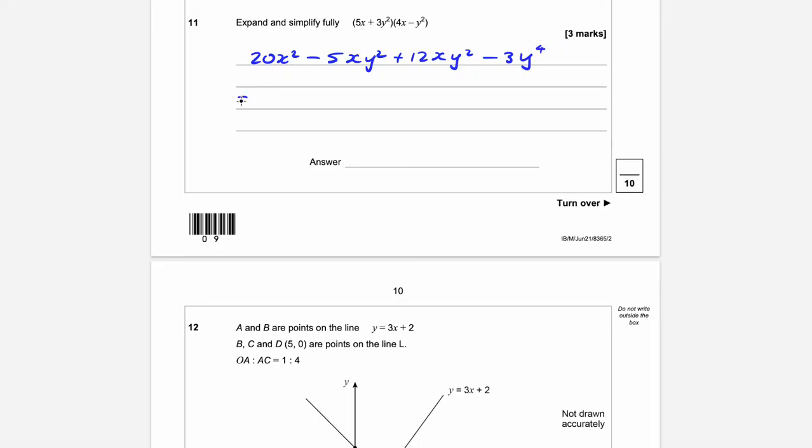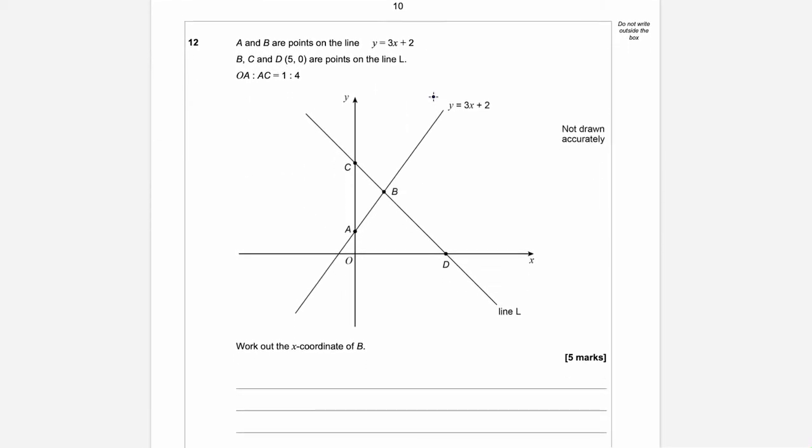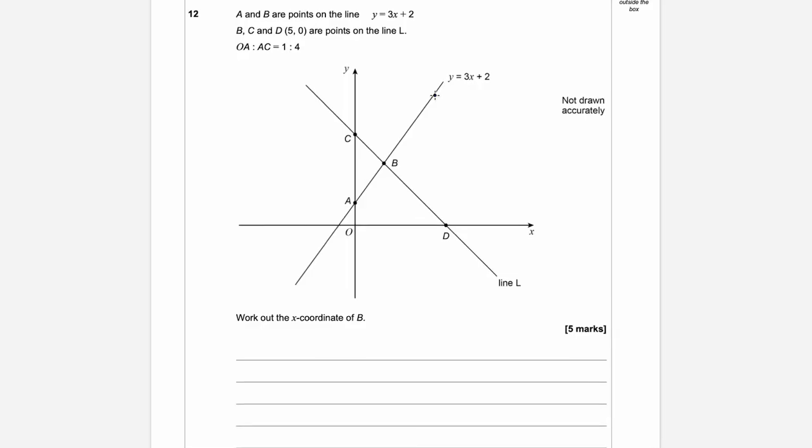Okay, simplify this, guys. I get 20x squared. I get minus 5 plus 12 is plus 7xy squared, and minus 3y to the 4. Done.